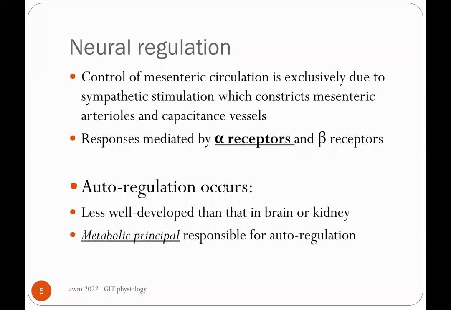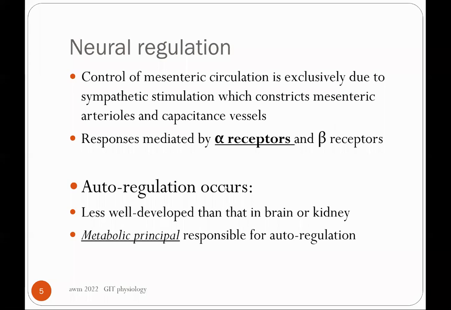Now, this response is mediated by the alpha receptors and beta receptors, but primarily the alpha receptors are the ones that are more responsible. So when you stimulate the sympathetic nerves, what you're going to get is vasoconstriction, okay? You narrow the lumen of the blood vessels.